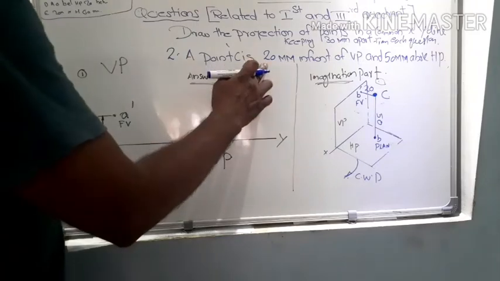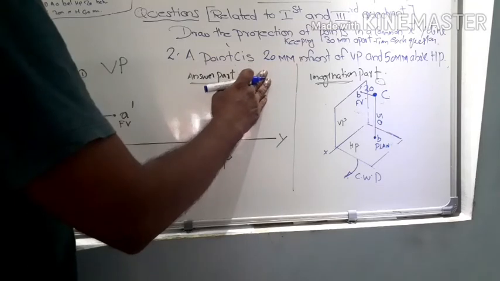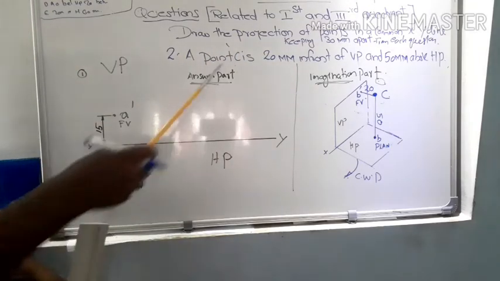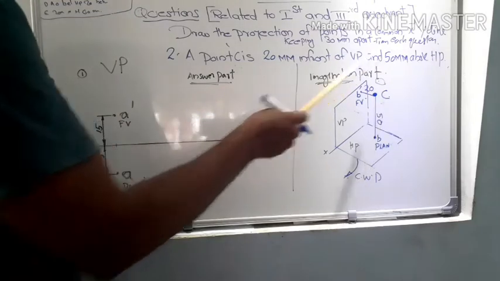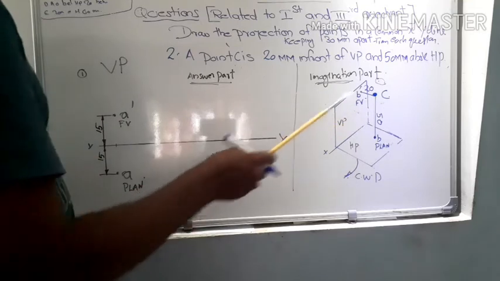That means, what is the position of our point? Point C is fixed in the first quadrant. From this hint, we can understand that point C is fixed in the first quadrant.